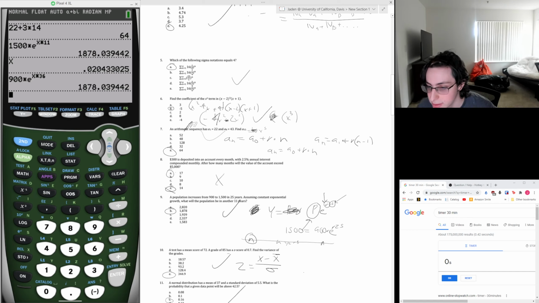So if a point has a z-score of 1, that means it's one standard deviation positive of the mean.